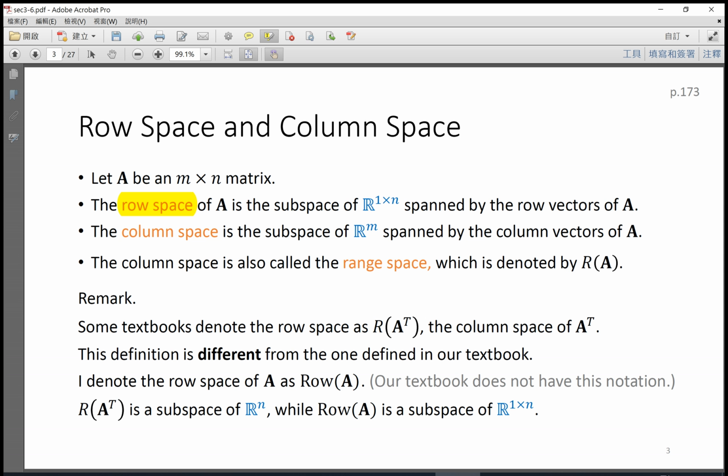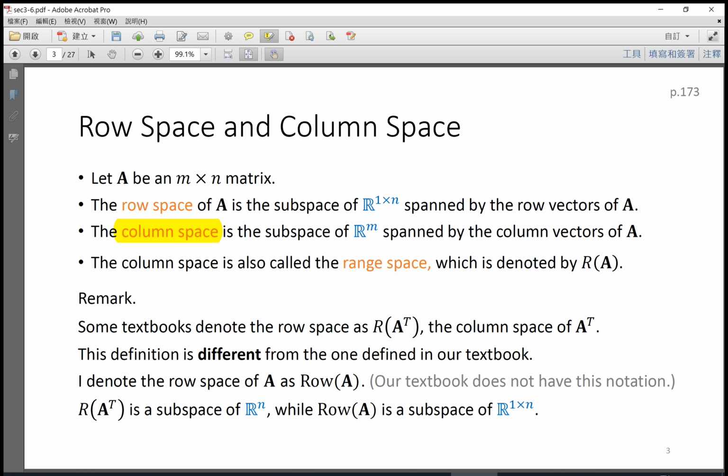The vectors are the linear combinations of the row vectors of A. Because each row vector is in R^(1 times n), the row space of A is a subspace in R^(1 times n). Next, we define the column space.